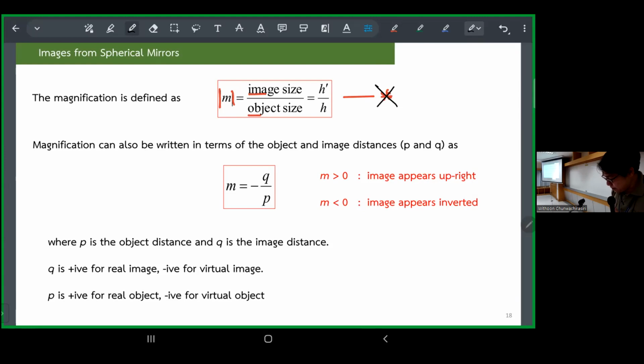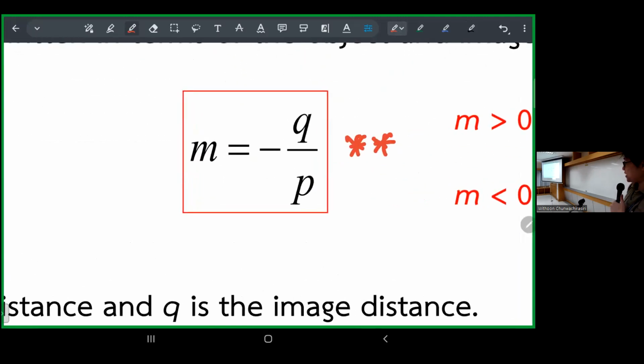The one that I like better, and I think it's kind of complete in itself, is this one. So actually, you can also calculate that magnification M by knowing the location of the image. So if you know the image location, and if you know the distance of the object, right? All right.